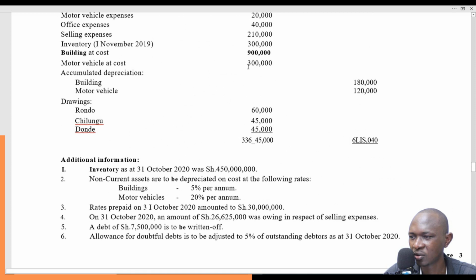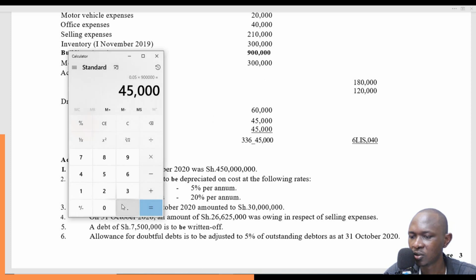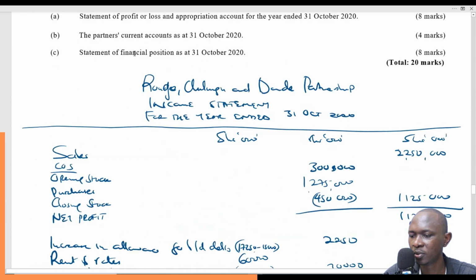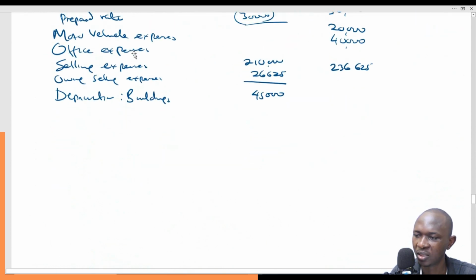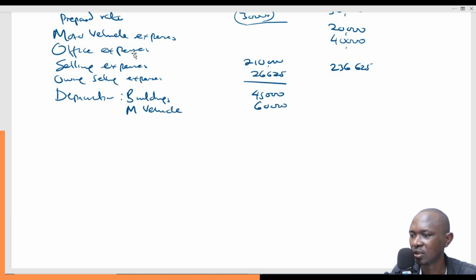Motor vehicle at cost is 300,000. 20% of 300,000, so 0.2 times 300,000 gives us 60,000. So buildings 45,000 and motor vehicle 60,000 gives us 105,000 as depreciation.